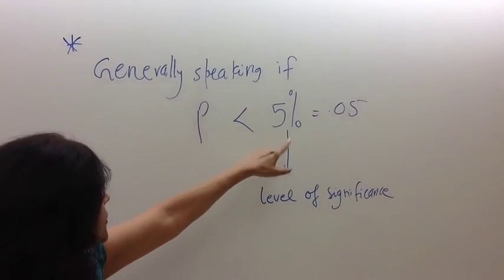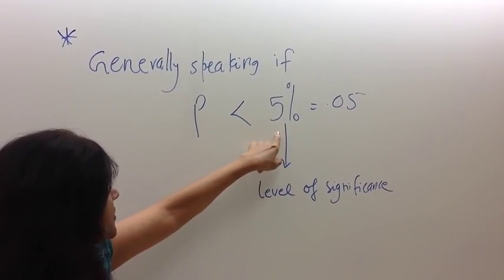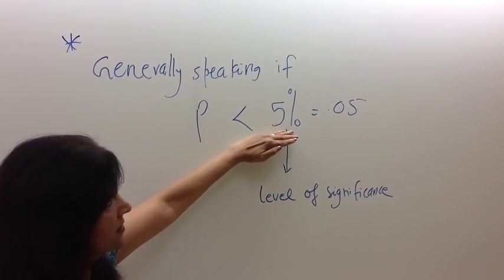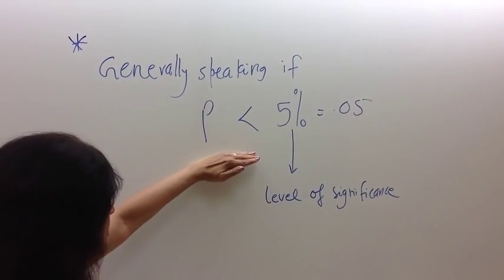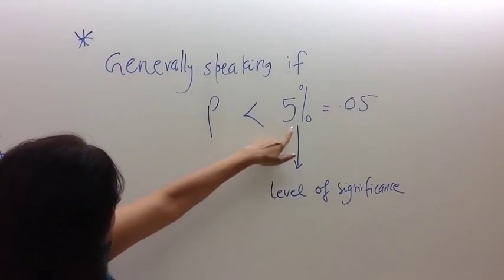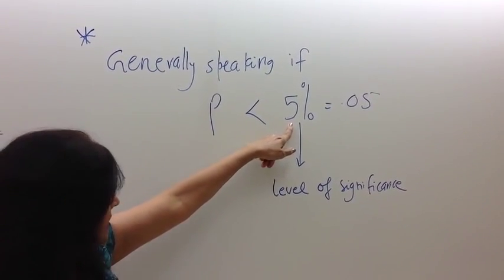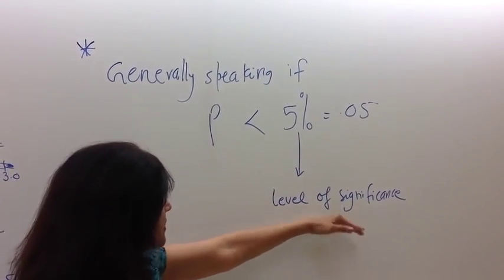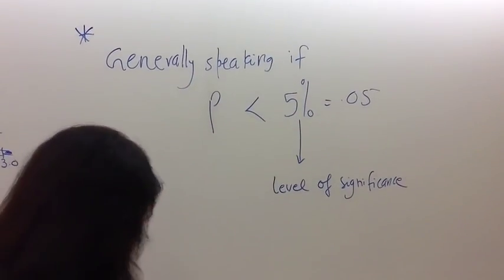But our p-value was, remember, 0.13% or 0.0013. Obviously, it is a lot lower than 5%. By the way, this guideline that we select in advance is called the level of significance, which is generally 5%.